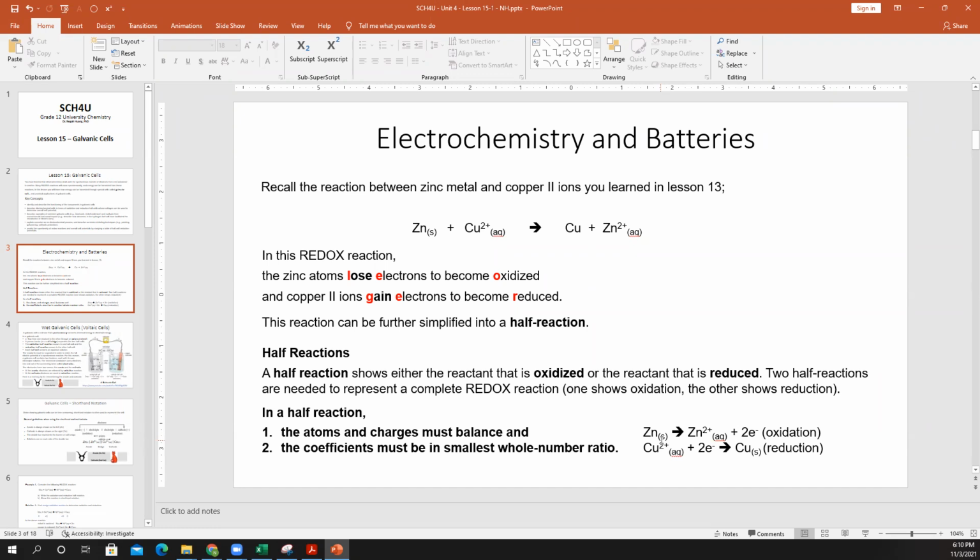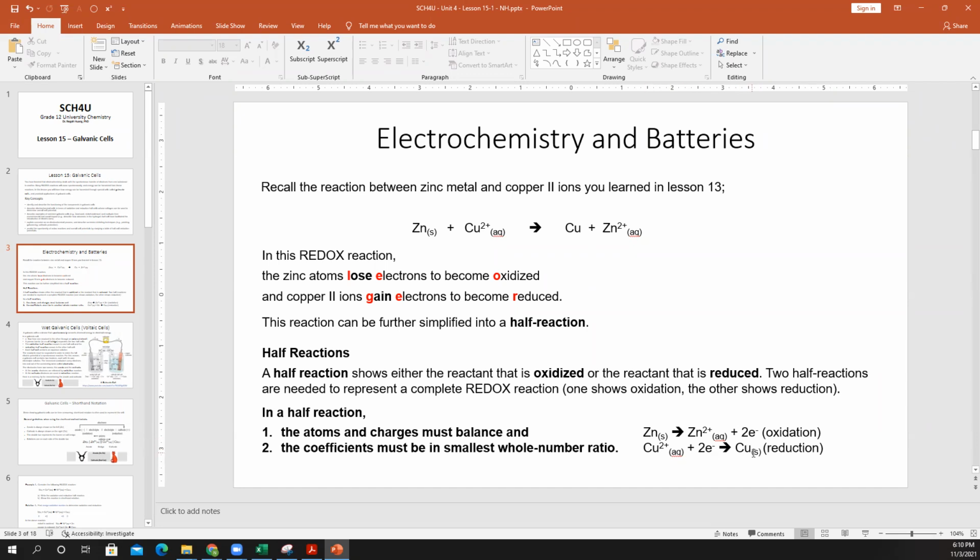So in the half reactions, first of all, the atoms and the charges have to balance. And second of all, the coefficients must be in the smallest whole number ratios. So we wouldn't want this to be 2 copper ions plus 4 electrons becomes 2 copper atoms, because that is not the smallest whole number ratio.